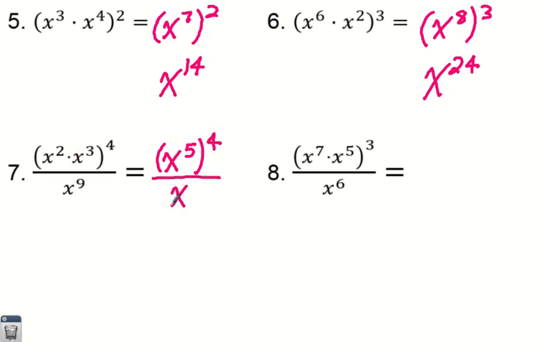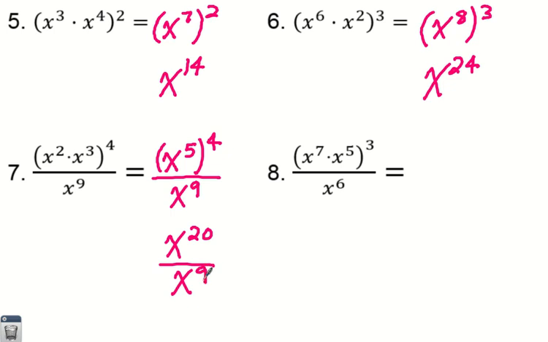Everything else just gets copied. And then I think the next thing I want to do is this power to a power thing, and that's where you're going to multiply the powers.